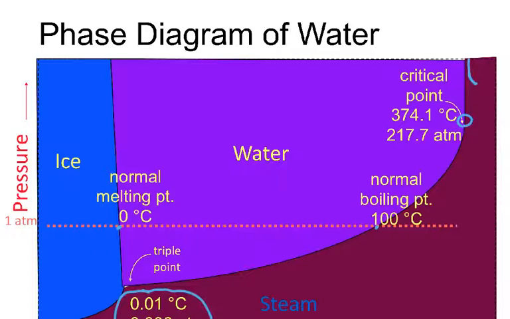One other important thing to note, ice is less dense than water, which is why the slope of the line here is a negative slope. Normally for most other substances, you're actually going to get a positive sloped line there, indicating that the solid is more dense than the liquid.